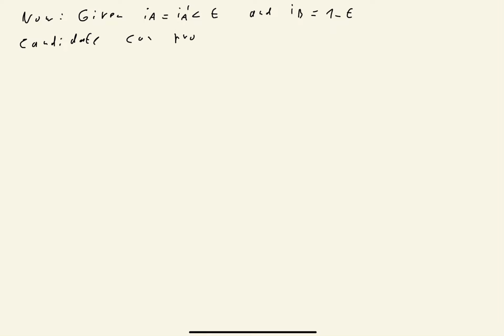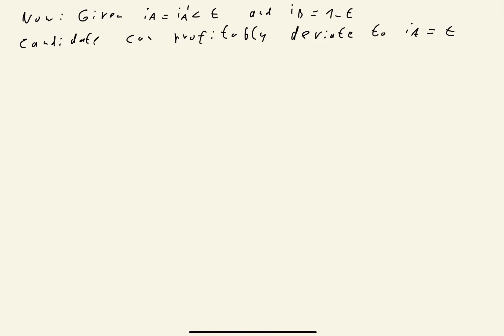Okay, so now given IA being equal to IA prime smaller than t, and IB being equal to 1 minus t, candidate A can profitably deviate to IA being equal to t.